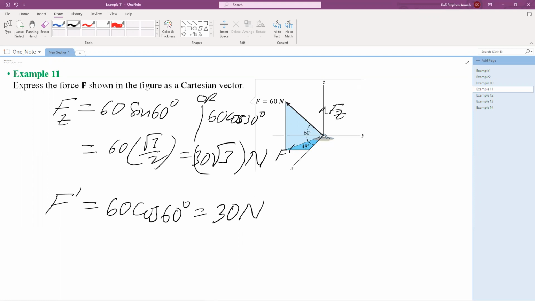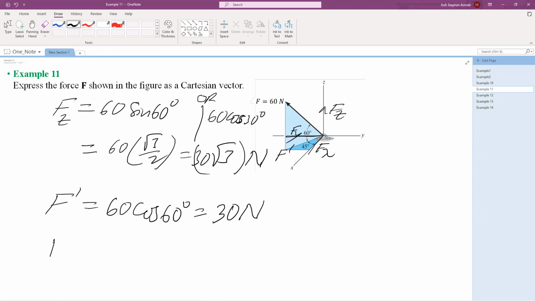Then we need to now resolve our F prime into two: one this way, which is our FX, and one that way, which is our FY. But the FY will be negative. So either you write the magnitude and put a negative somewhere.